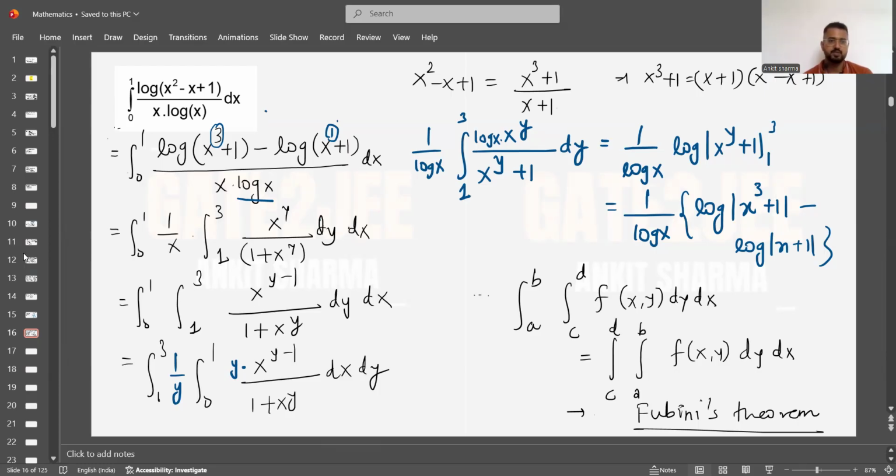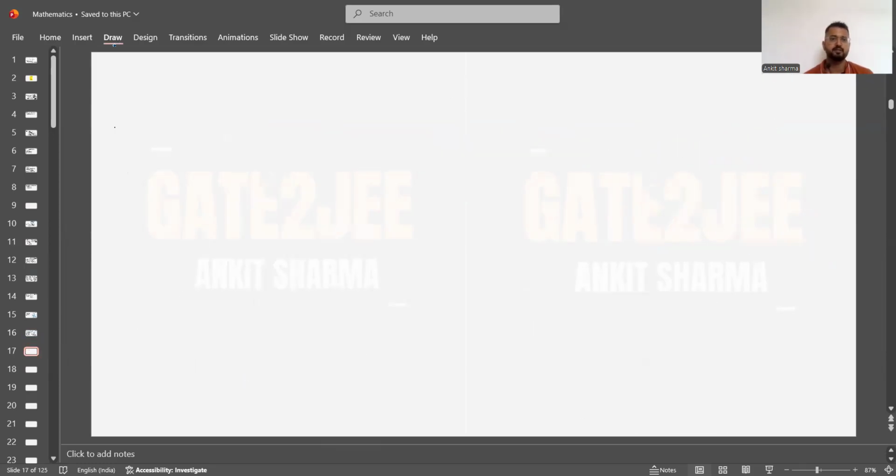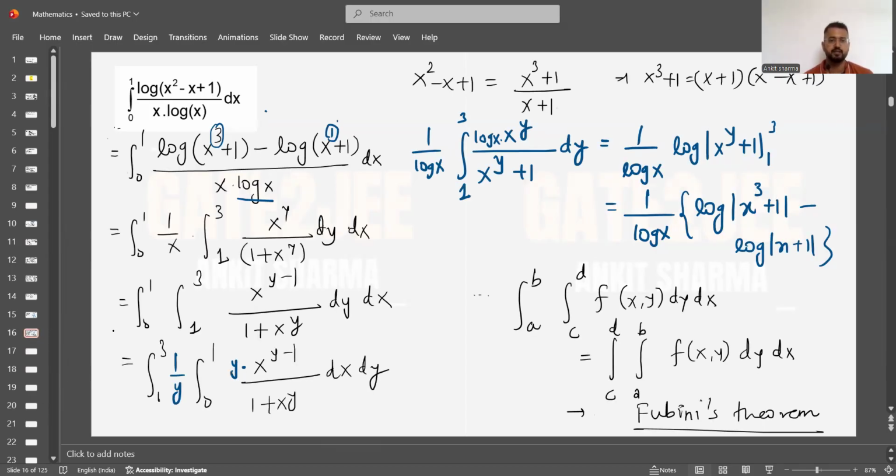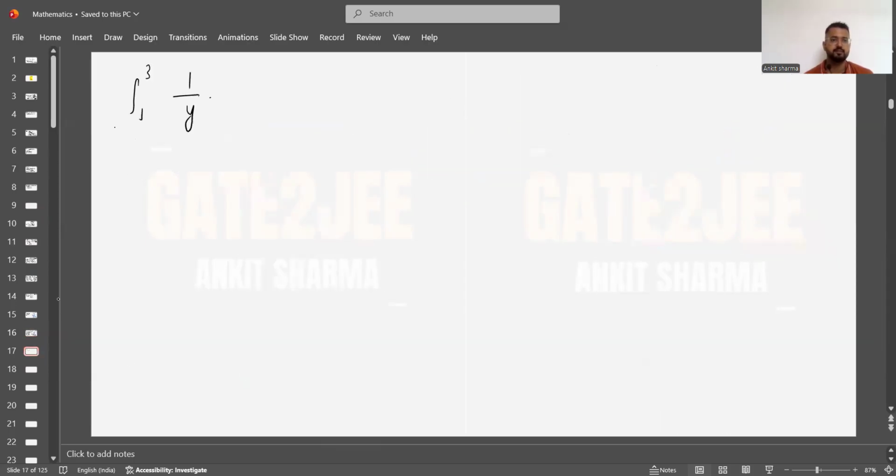So for this purpose, I'm going to have the integral 1 to 3, 1 over y, and then this integration right here is nothing but, now this is my function and here I have the derivative. So I can simply write log of x power y plus 1, and the limit is going from 0 to 1, and then dy.